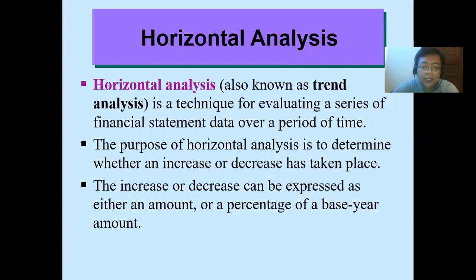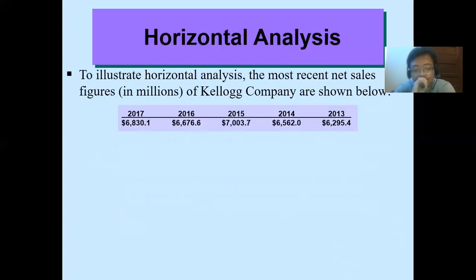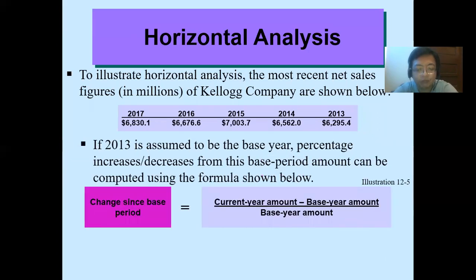I also have an example here. For example, Kellogg Company. You have 2017, 2016, 2015, 2014, and 2013. You want to compare any increase from 2013 to 2017. What is the formula to compute the decrease or the increase? The change since base period: the current year is 2017 and the base year is 2013.